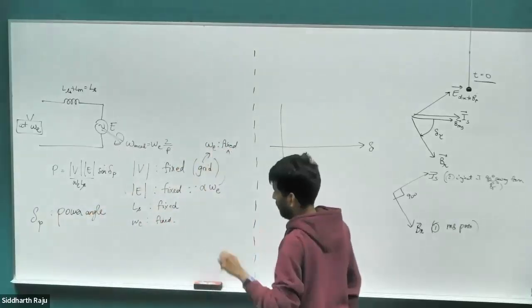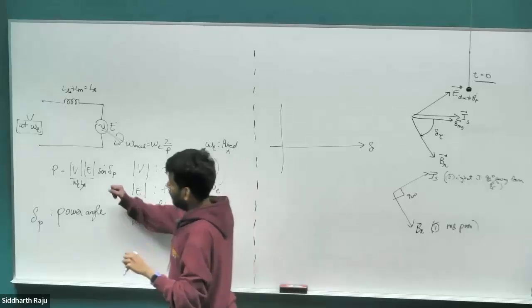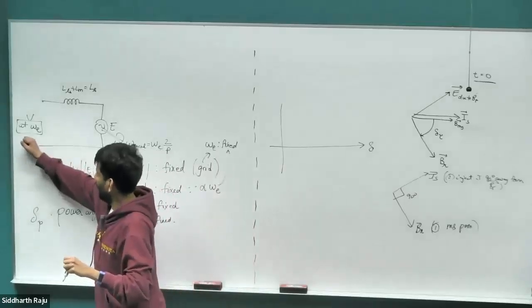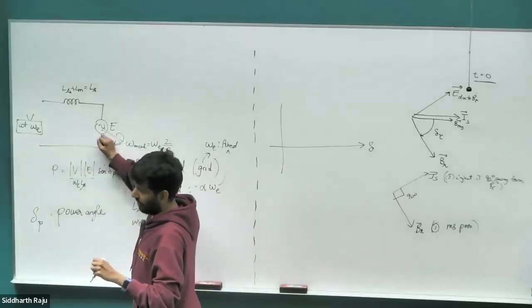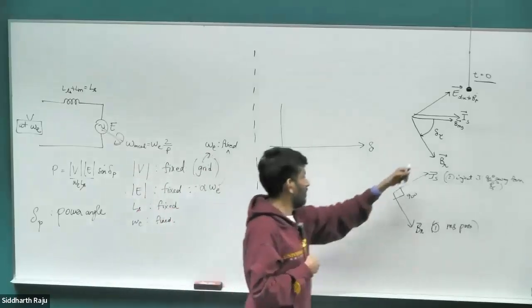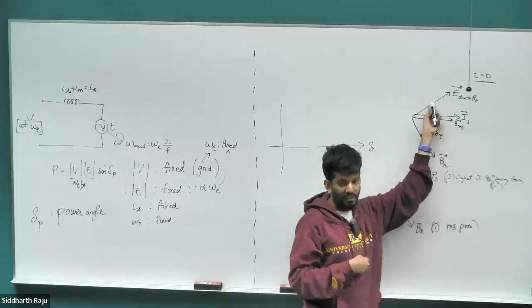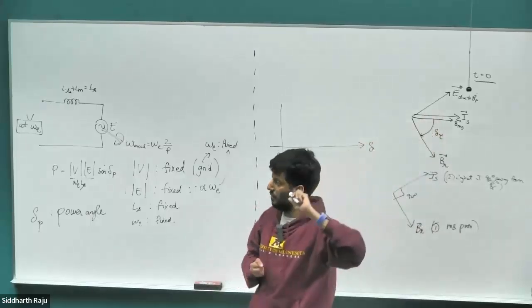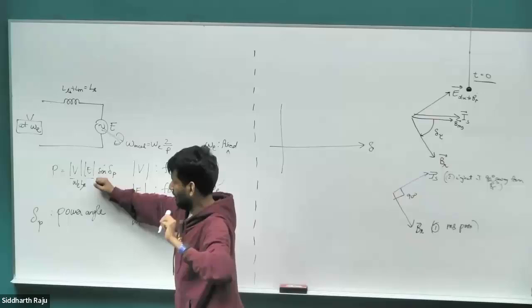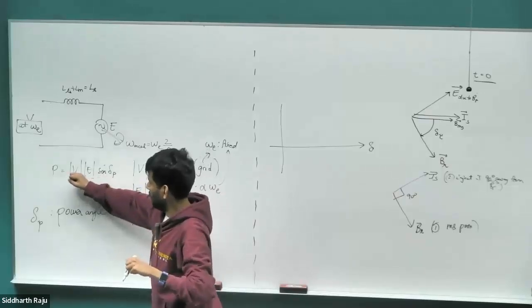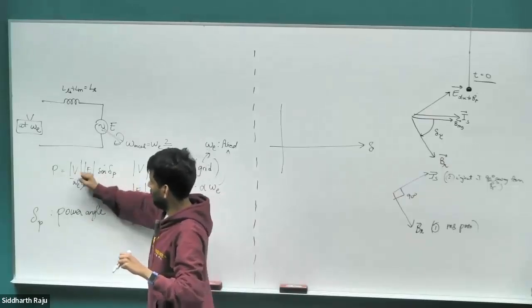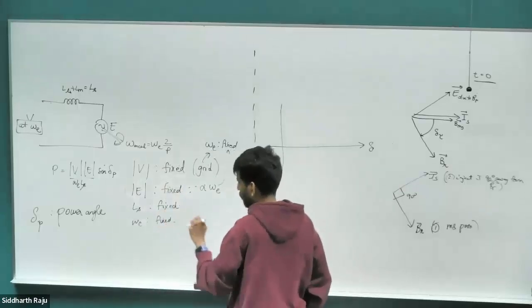It is completely different from the torque angle, because this is the angle between the terminal voltage and the back EMF space vector. Delta tau was the angle between the BMS space vector and BR space vector. It had nothing to do with the back EMF. So they are slightly interrelated, as you can see, but from this equation, it's completely different factors: the angle between the V and the E. Okay, so we have delta P.